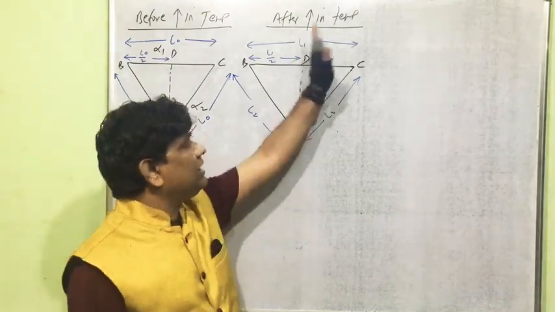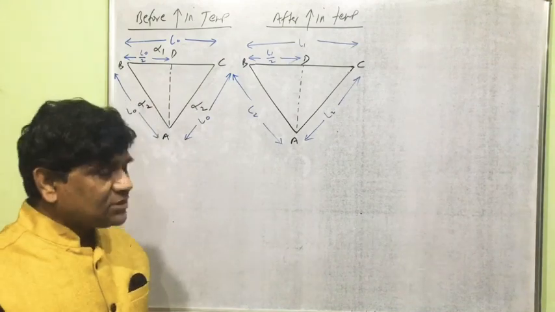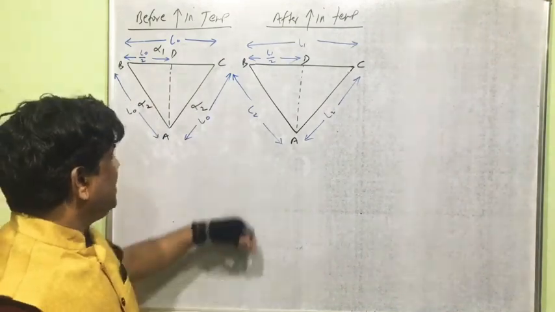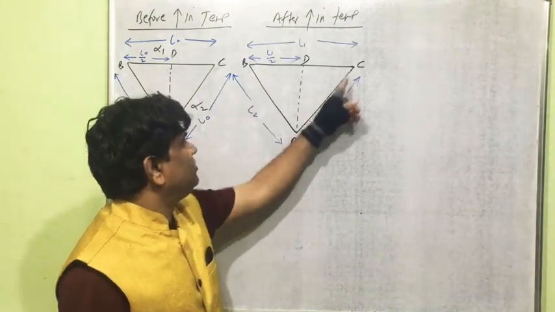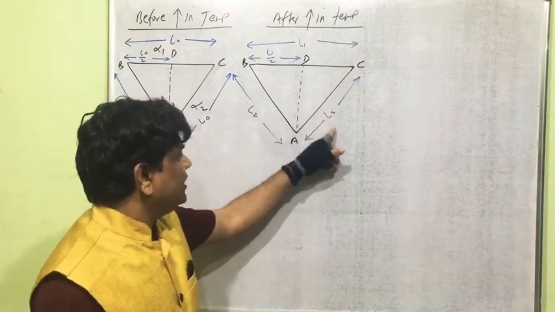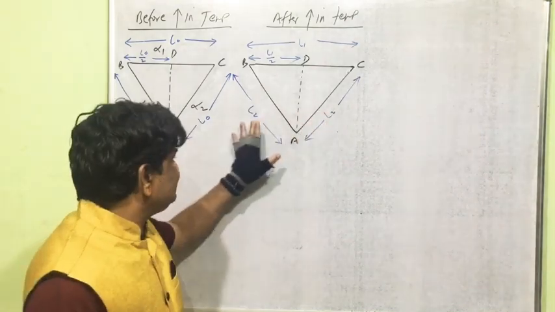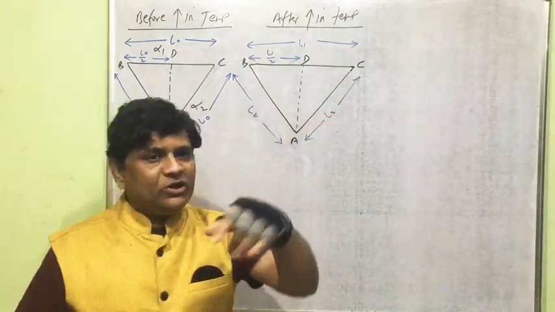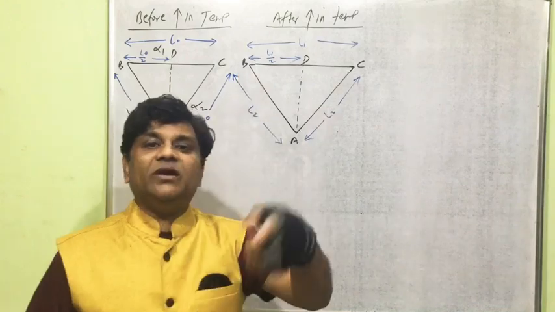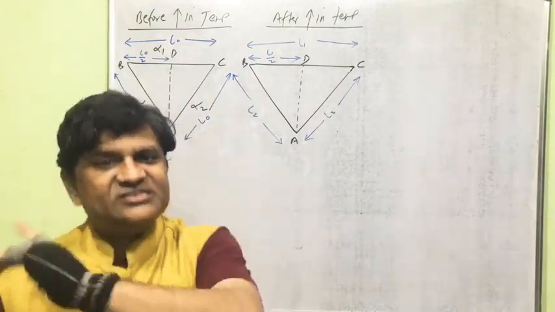Here is the diagram after rise in temperature. After rise in temperature, length of AB will be equal to length of AC, supposed to be L2. Here it is L2, and this is also L2. Why is the length the same, L2 and L2? Because AB and AC are both made of the same material, so length increases by the same amount.